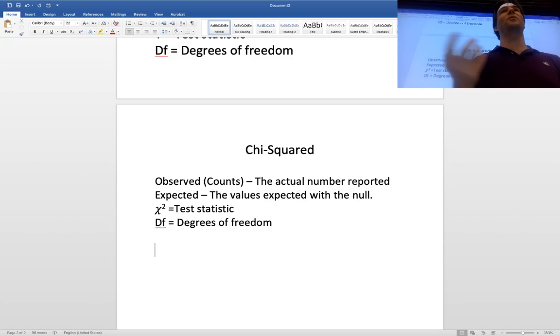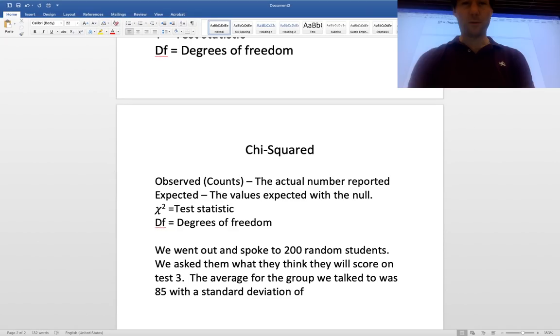Oh no. The average for the group we talked to was, let's go optimistic, 85 with a standard deviation of, let's go 10. The distribution had a slight left skew to it.